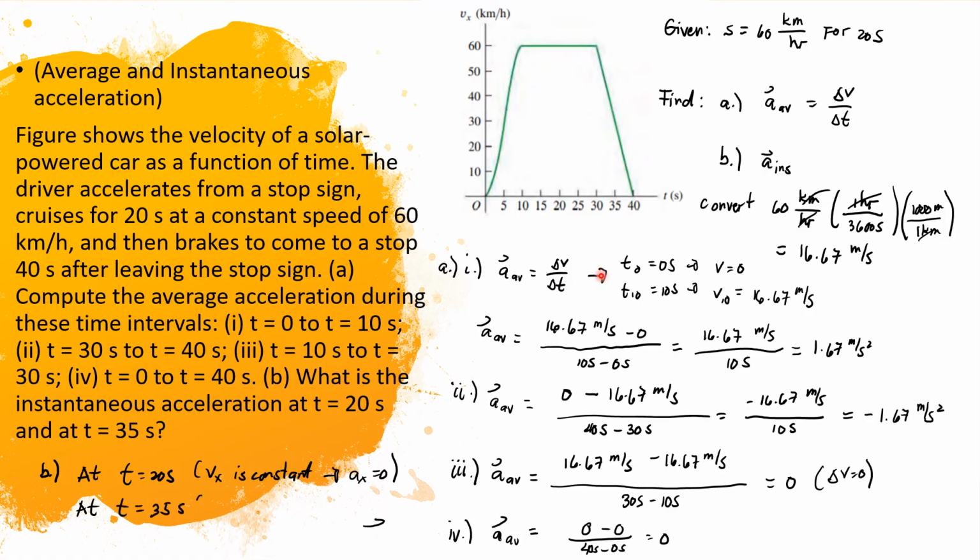And at 35 seconds, again, the slope of this velocity versus time graph is decreasing and constant. So our acceleration here is negative 1.67 meters per second squared. And during this time, this is the acceleration or the average acceleration.